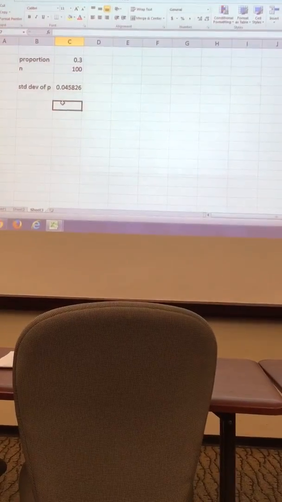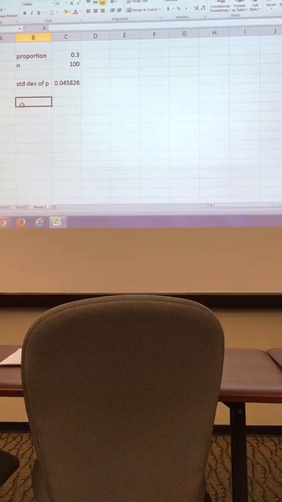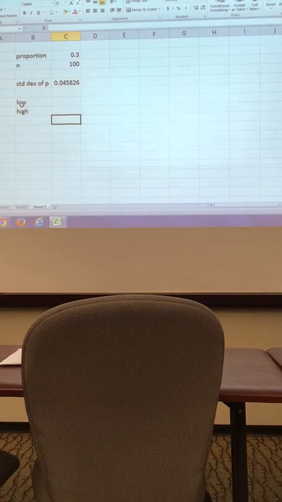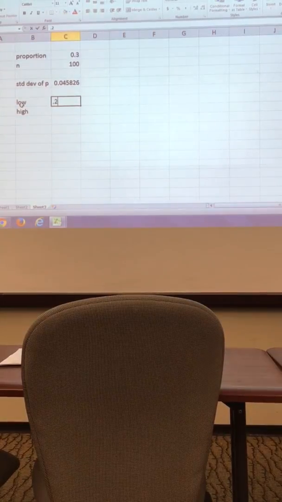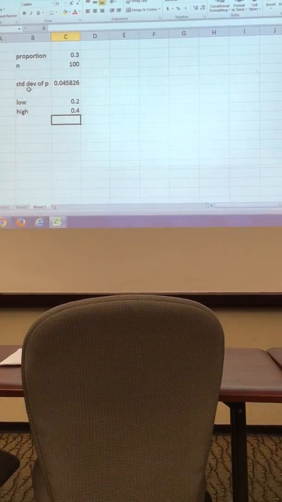So B says, what is the probability that the sample proportion will be between 0.2 and 0.4? We have a low end and a high end. A low end is 0.2 or 10% below the mean, and our high end is 0.4 or 10% above the mean.